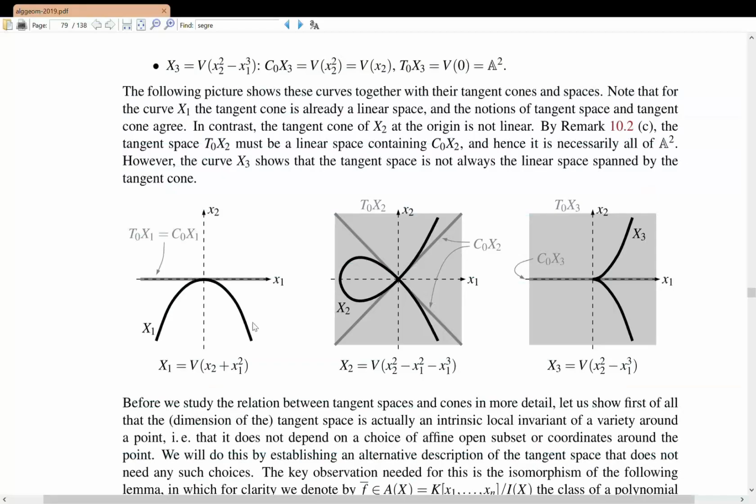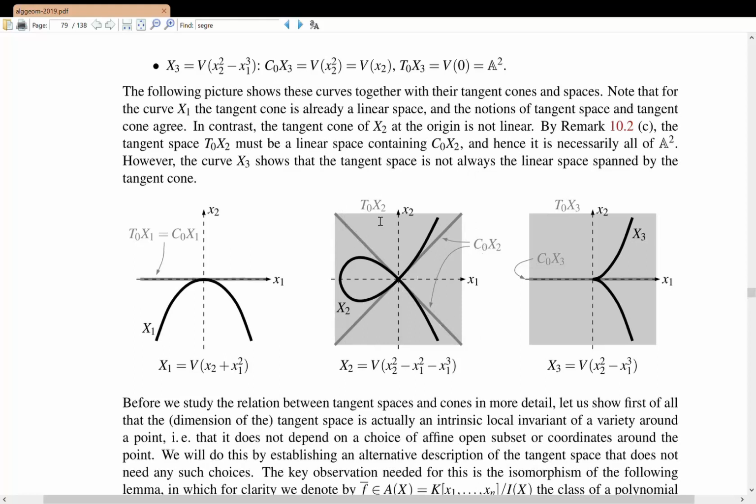All right, so let's go back to our examples that we were looking at earlier. So here's the case of the smooth parabola where the tangent cone, I said before, was equal to the tangent space, and that's exactly what you see here. The initial term is the same as the linear term, so everything's the same. Let's go look at this one. In this case, we have the tangent cone being the two lines here.